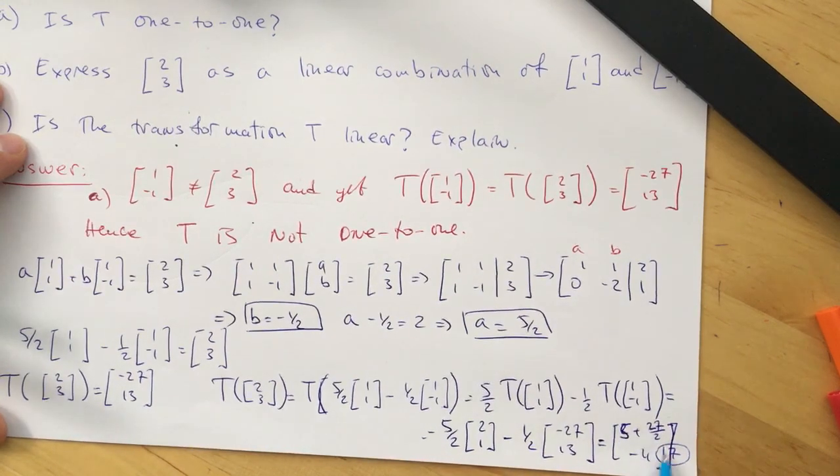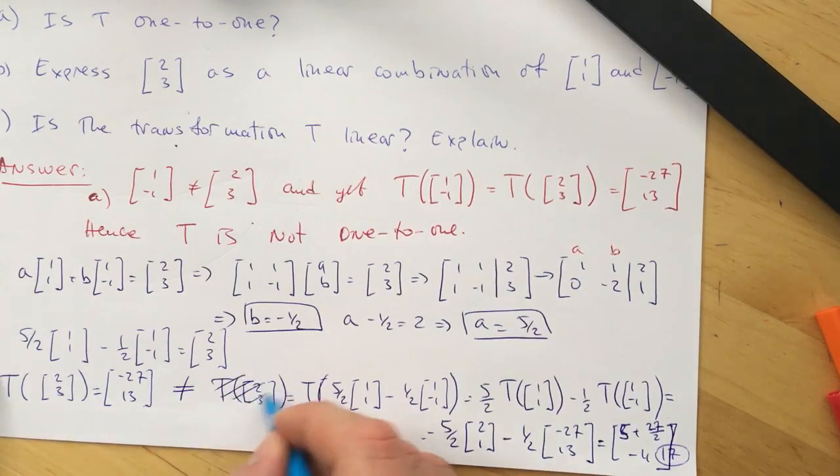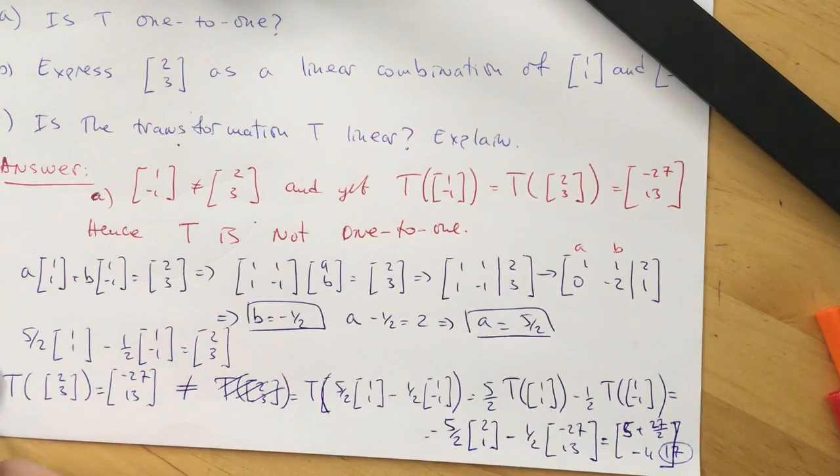And obviously this vector is not equal to this vector right here. Okay? Which means that this is not a linear transformation.